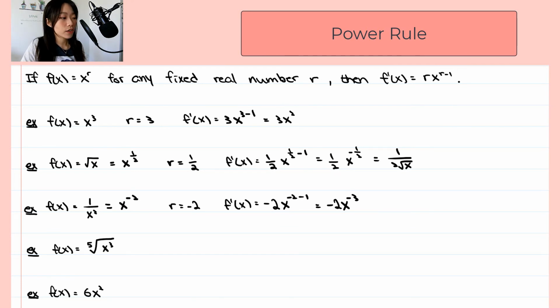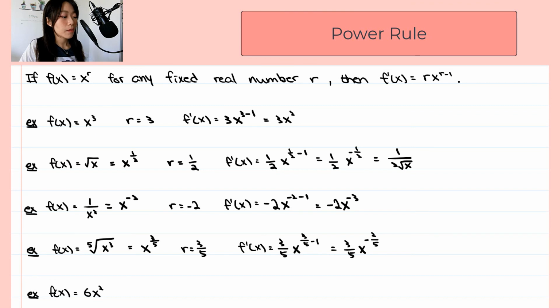And then for the next function, we can rewrite this as x to the power of 3 over 5. So r is 3 over 5. So its derivative would be 3 over 5 times x to the power of 3 over 5 minus 1, which equals 3 over 5 times x to the power of negative 2 over 5.